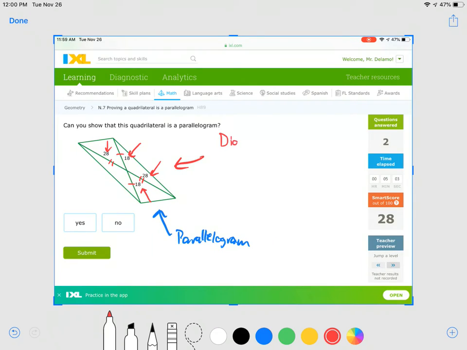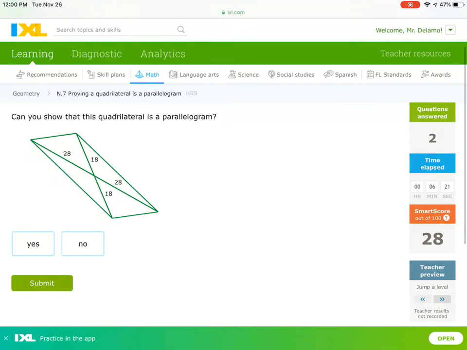You can go from diagonals bisect each other straight to bam, it's a parallelogram. Okay. This is a yes. By the way, you can prove that, and you'll probably be asked to prove that kind of stuff.